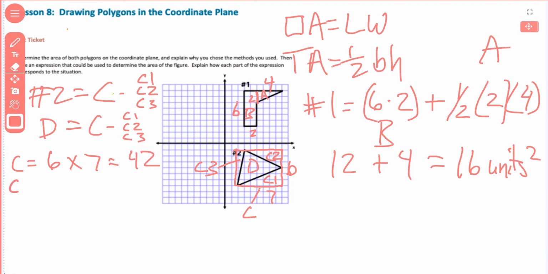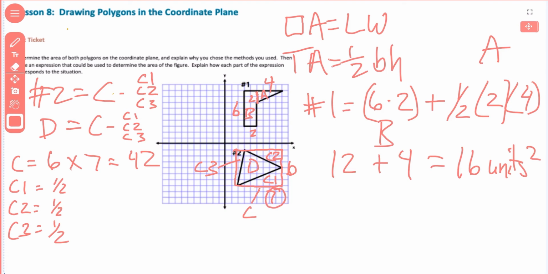Now, C1, C2, C3. What is the measurements for? These are all triangles, right? So we're going to half the base times the height. What is the base for C1? Look, you already got one right here. It's 7.